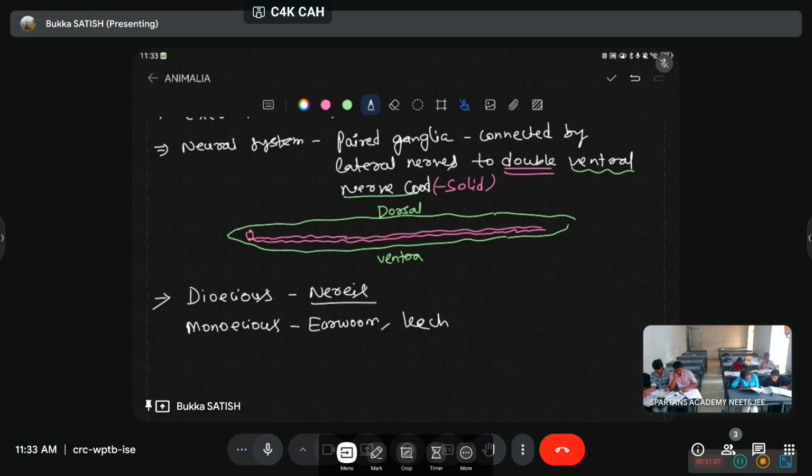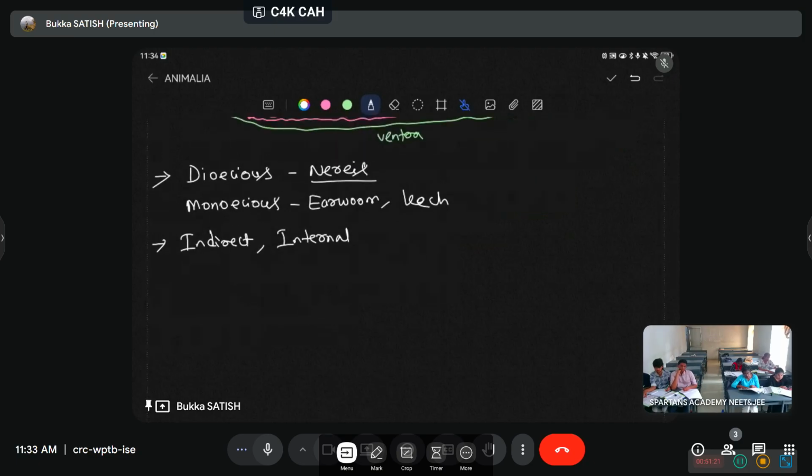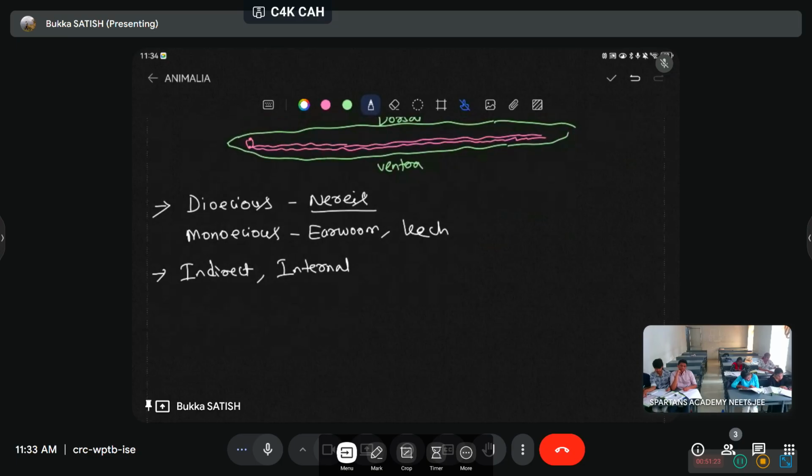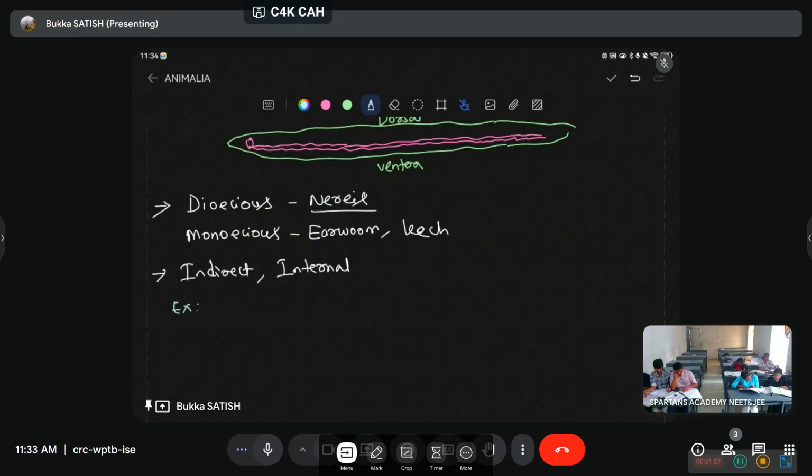Both are monoecious only. Other things are not mentioned here, but there is indirect development only, right? Internal fertilization. Fertilization is internal in general. And the next one is examples. Write the examples.